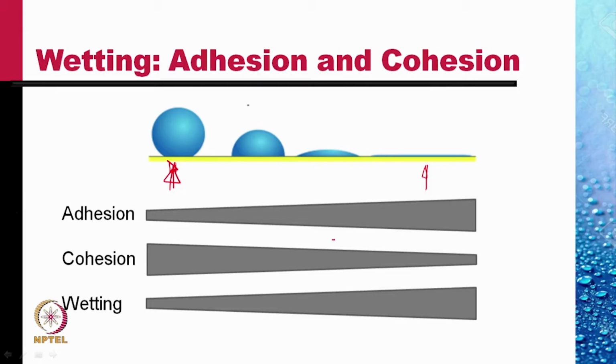But on an ordinary paper, the droplet of water would spread out like this, because the water wets an ordinary paper, but it does not wet a waxed paper. On a waxed paper, the adhesion with the paper is low, cohesion within the water molecules is high.